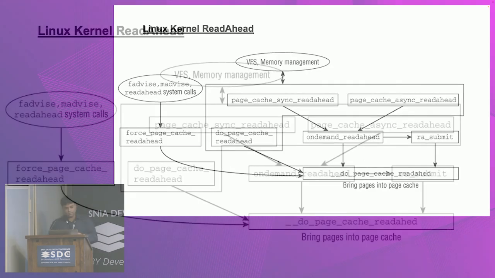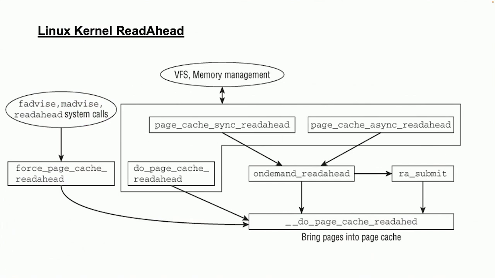These are some other level of routines. I have talked about page cache sync read ahead and page cache async read ahead. But there are some other types of read-ahead mechanisms available in the kernel, which are called advice. We can use POSIX advice and madvise calls.